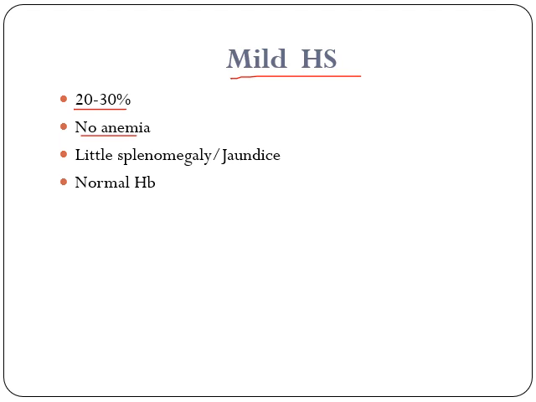There will be usually no anemia, little splenomegaly or jaundice, and the hemoglobin usually tends to be normal. So when the patients come to you with a mild jaundice, then you take a clinical history, then you realize that their parents are suffering from this disease, then we analyze that no, this is the case of hATTR.